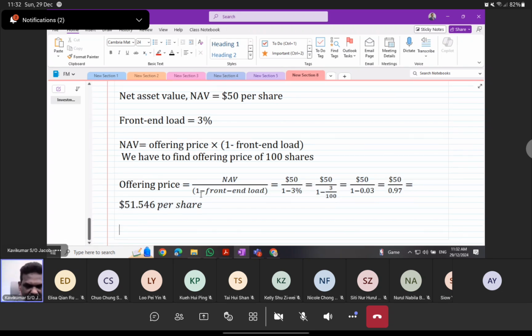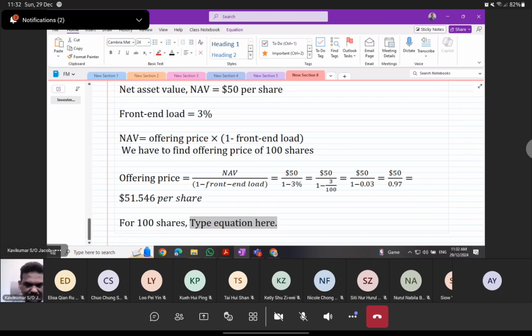So for 100 shares, we have $51.546 times 100, which is 5154.6. So this is the answer.